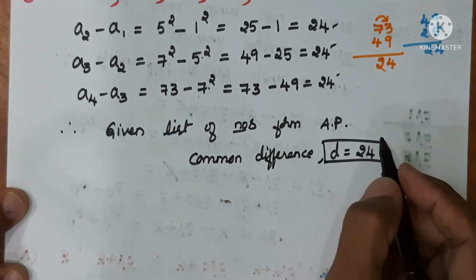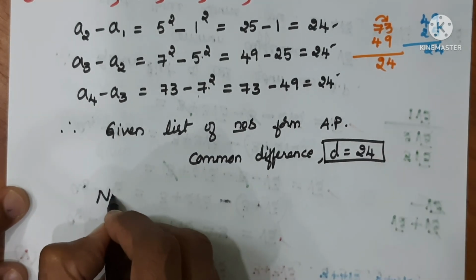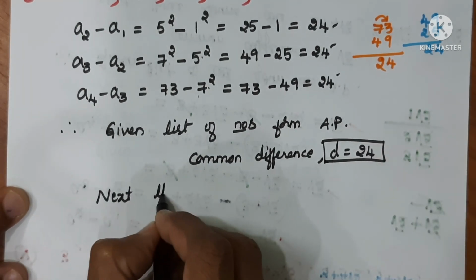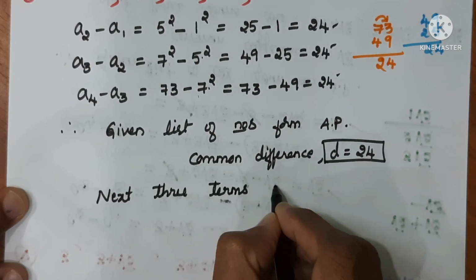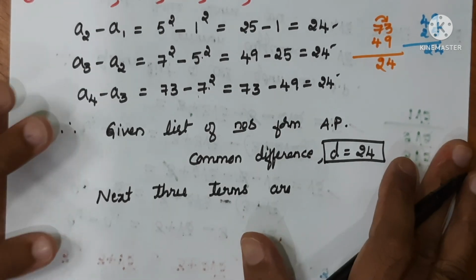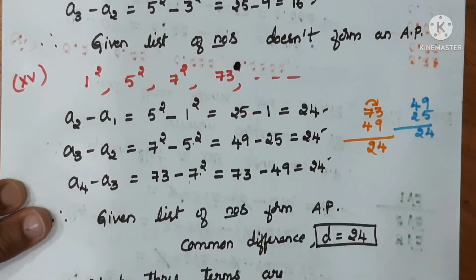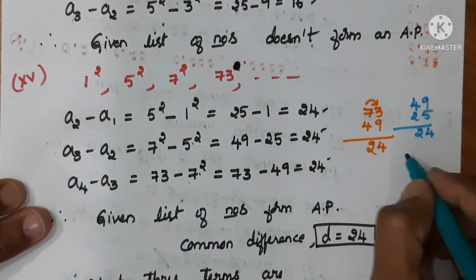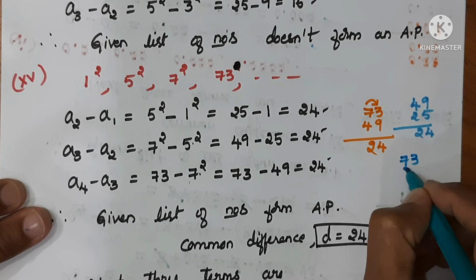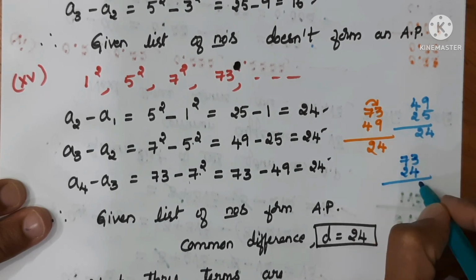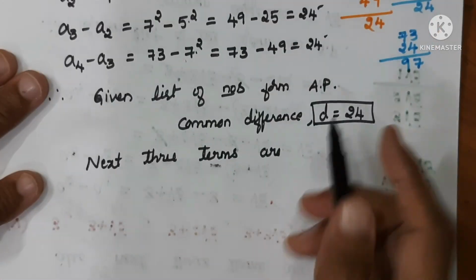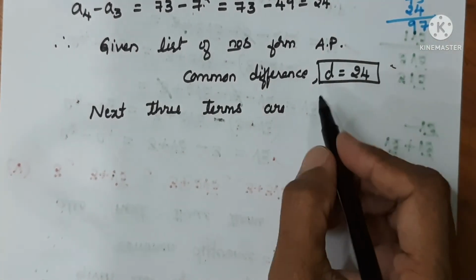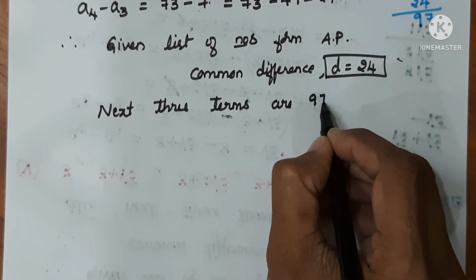And also we have to write the next three terms. We have to add 24 to the preceding numbers. 73 plus 24: 3 plus 4 is 7, 7 plus 2 is 9. So the next term is 97.